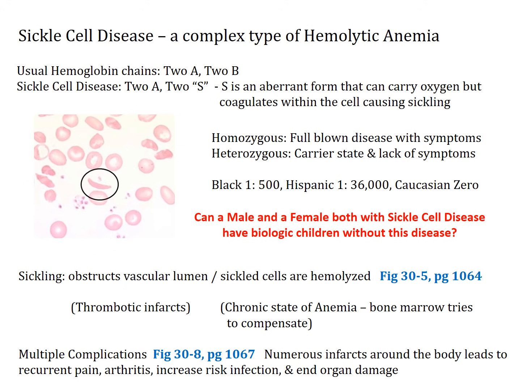You're just plugging up the vasculature with these aberrant sickled cells, which are no longer pliable. They're no longer able to squeeze through tight blood vessels. And when that happens, when they coagulate and precipitate, you don't get blood flow moving into organs, and that results in numerous infarcts all around the body, particularly in muscle and bone, inner organs.